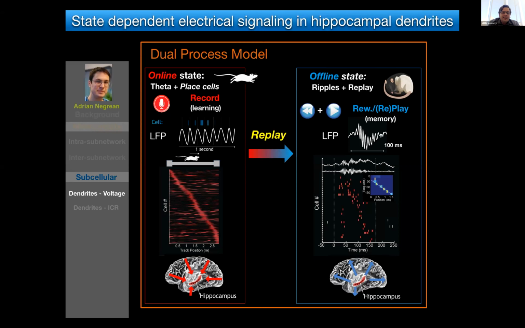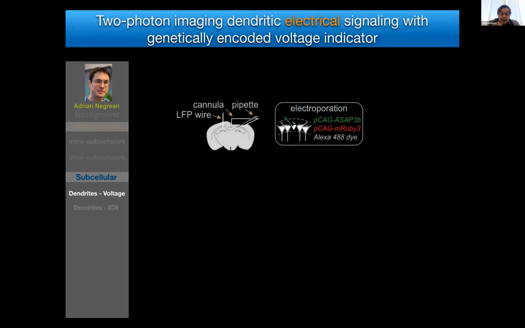to record dendritic activity across the entire somatodendritic surface of CA1 pyramidal cells, which was led by a fantastic postdoc in the lab, Adrian Negrean.